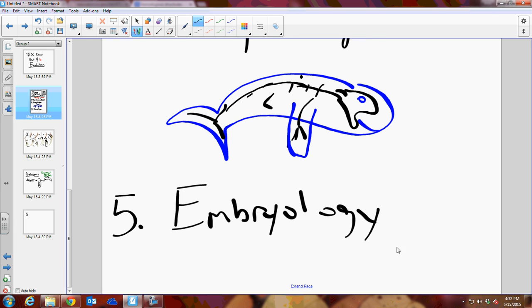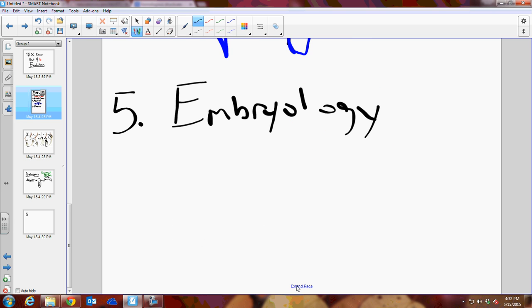Embryology is another one. The way this works is embryos of all vertebrates have very similar structures at their early stages of development. Now, vertebrates, all of this goes back from fish to, say, humans.